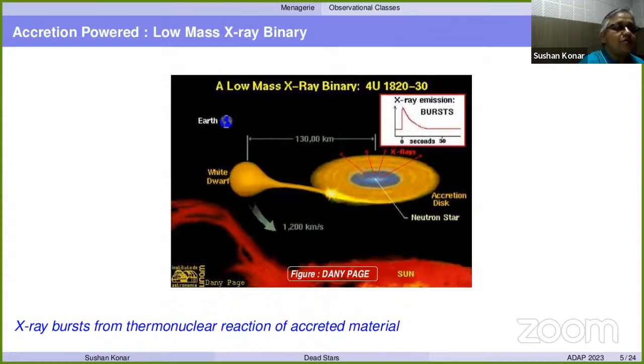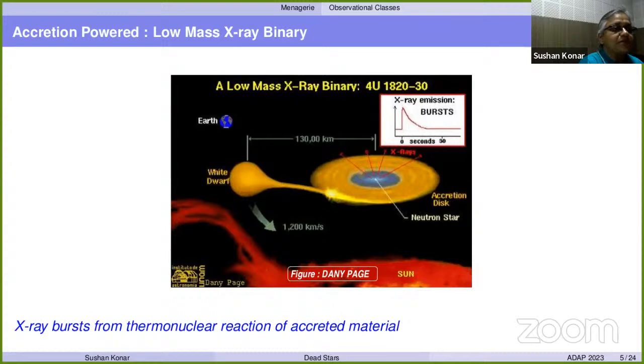And you may recall your basic astrophysics, or if you have taken the course, or because you are interested, you probably have studied a little bit. The more massive the star, the faster are their evolutionary time scale. So everything happens very fast for massive stars, and everything happens very slowly for low mass stars.